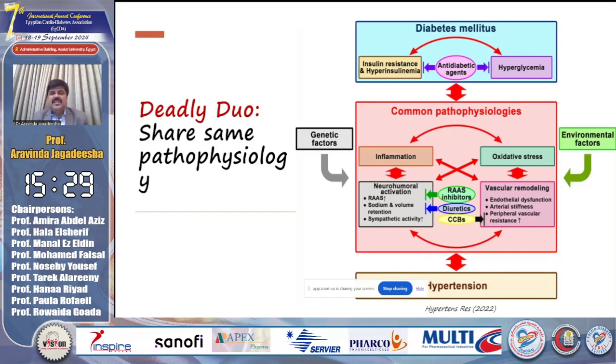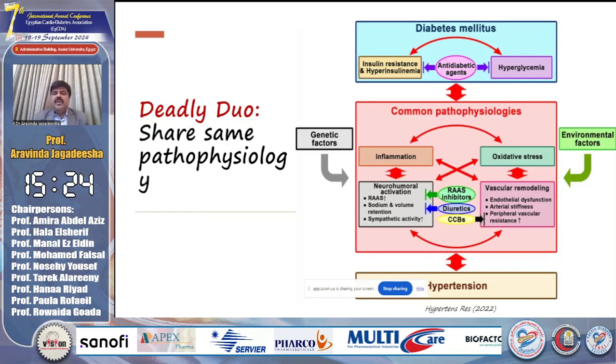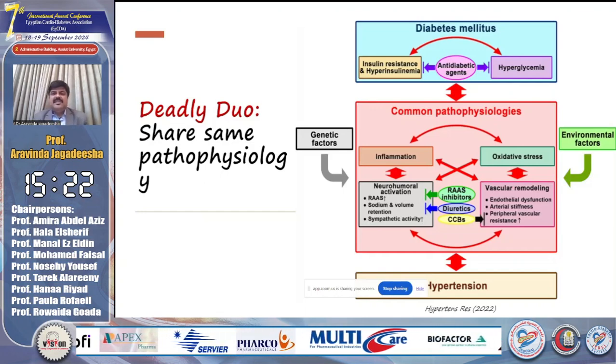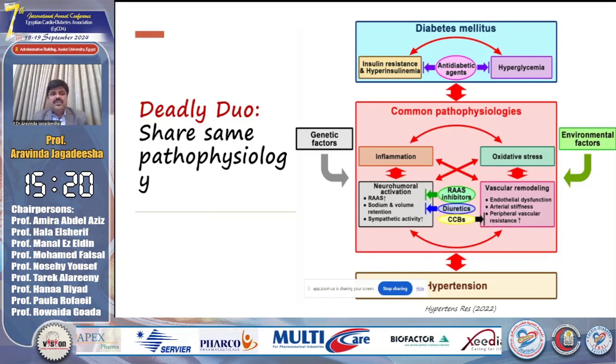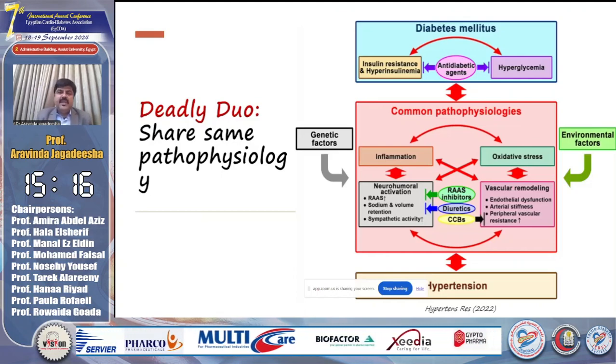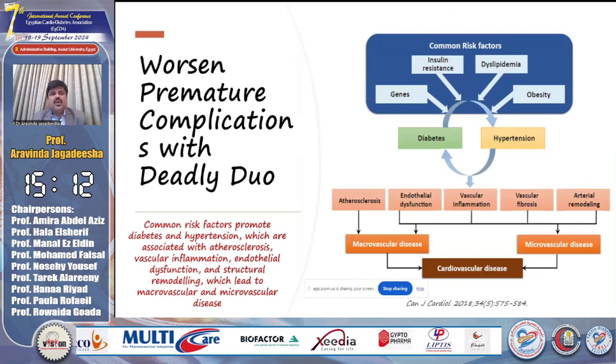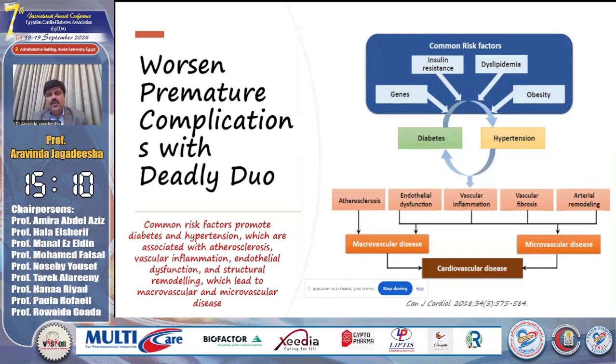On both sides, you can see the common pathology. You have the genetic factors and you have the environmental factors. This is an important slide which shows the same pathophysiology for the deadly duo of diabetes and hypertension. So it worsens the premature complications with the deadly duo.